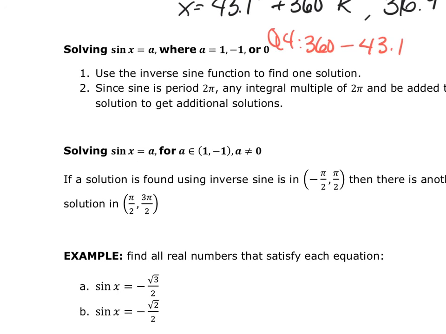So when sine is 1 or negative 1, then we know that we're at straight up pi over 2 or straight down 3 pi over 2. If sine is 0, I'm on multiples of pi. So if you are using the sine inverse and it is not a given unit circle value, then you have to do like we did with cosine, which I'll give you an example of.